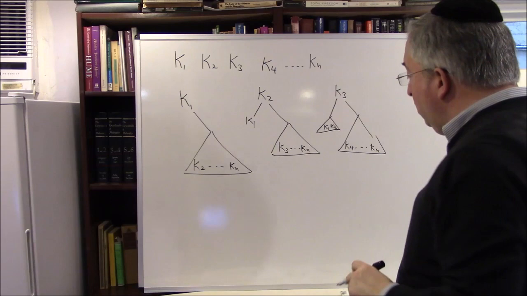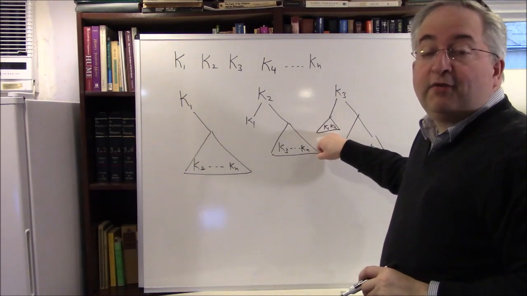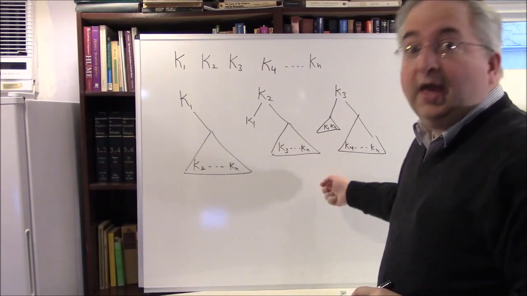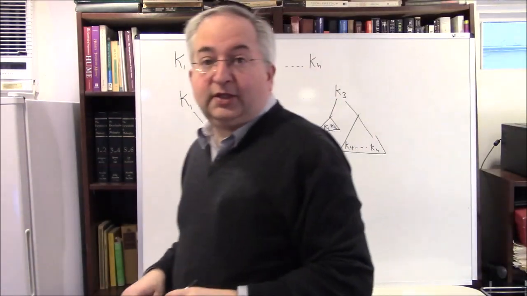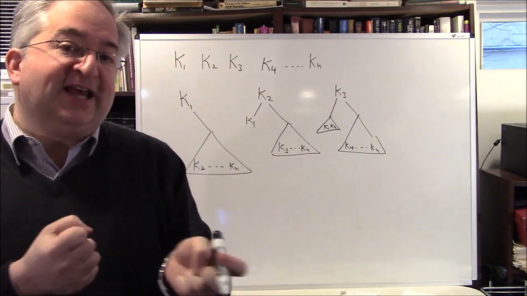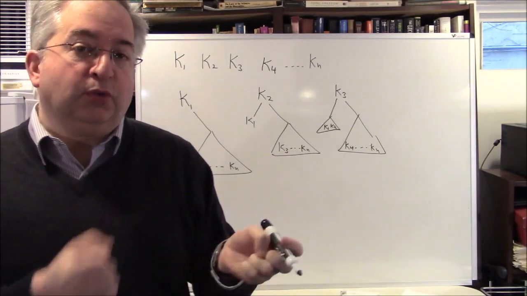By the way, what is the best way of organizing your tree with K1 and K2? Answer, we already determined that. There's where the dynamic programming comes in. You already saw how to set up K1 and K2, so we're going to know how to do it.